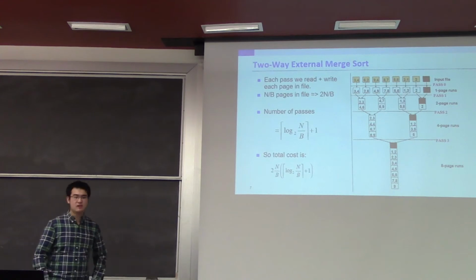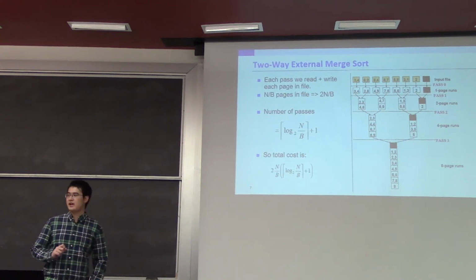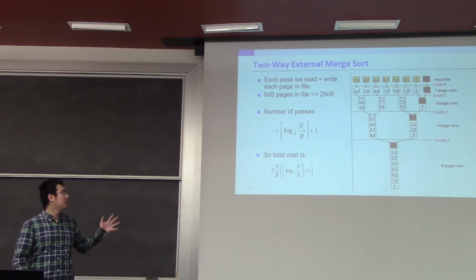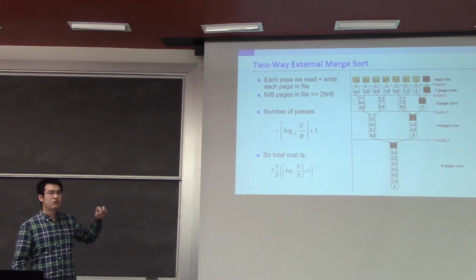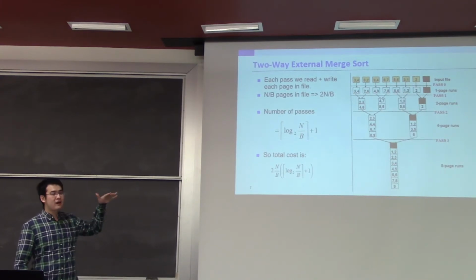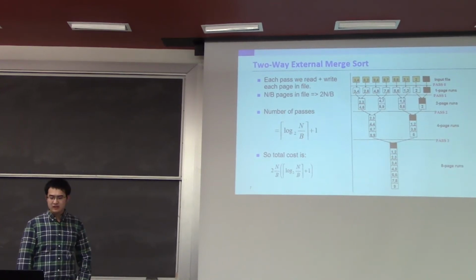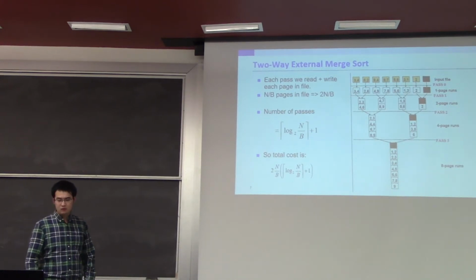In terms of the cost, all we care about in external sorting is the I/O cost. So we basically count how many I/Os we are going to do. Whenever you have a pass, you are scanning through all the data at once, so that's all the data pages. To calculate how many I/Os we need, you need to calculate how many passes this sorting algorithm needs.